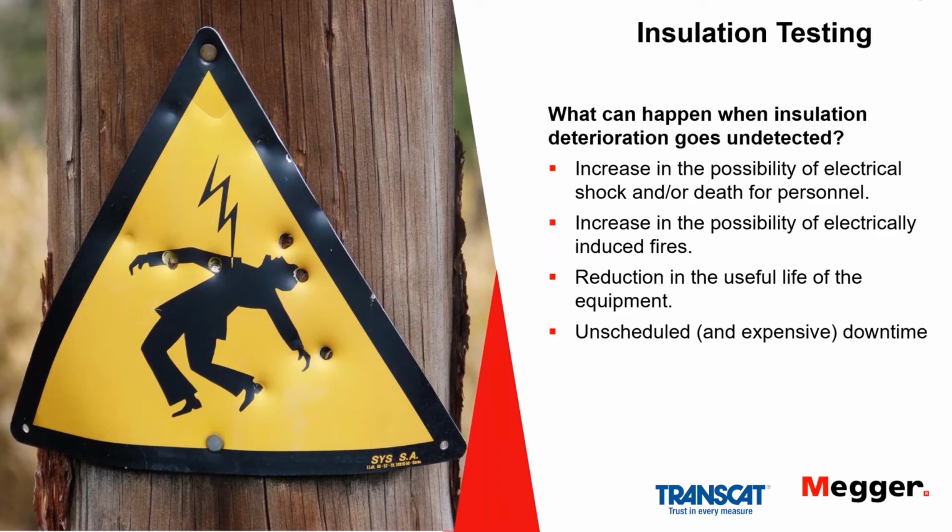And then the final point there is unscheduled downtime. You just don't want to have breakdowns in operation, which can be very costly. Instead, by an insulation testing maintenance program, you can get an idea and predict when that downtime may be starting to get near, and so you can have scheduled downtime to do preventive maintenance.